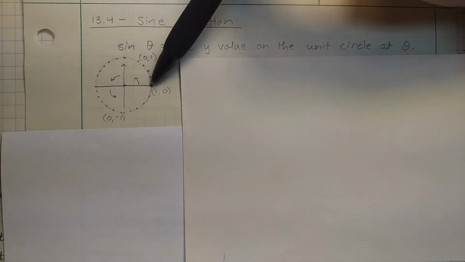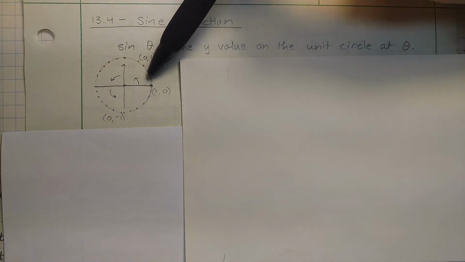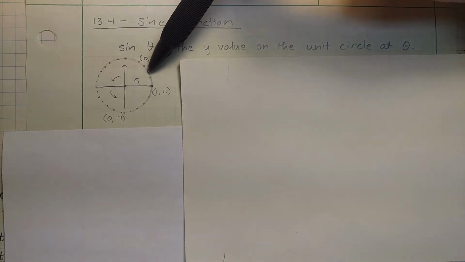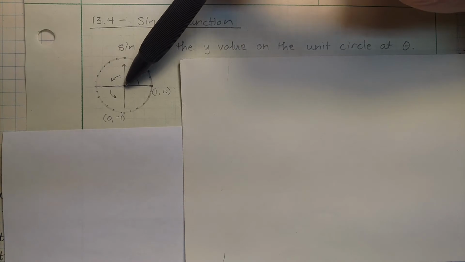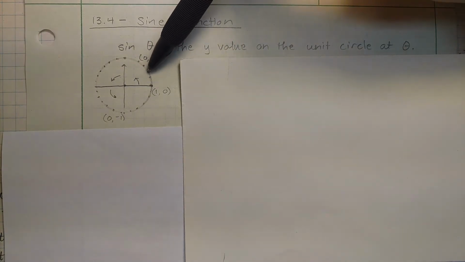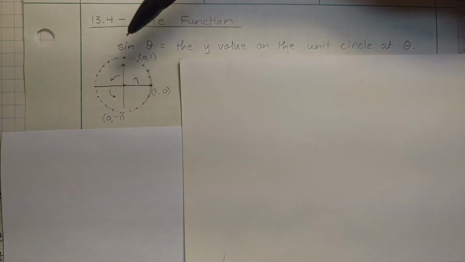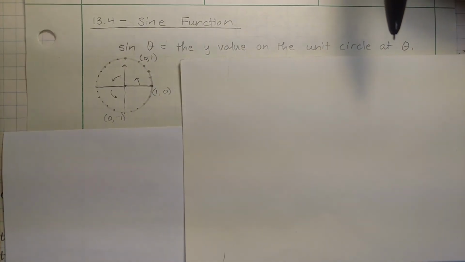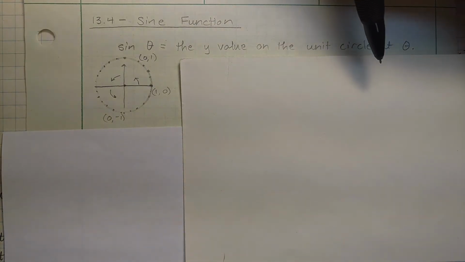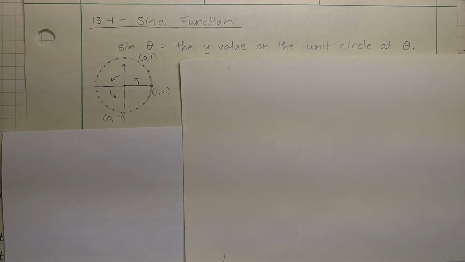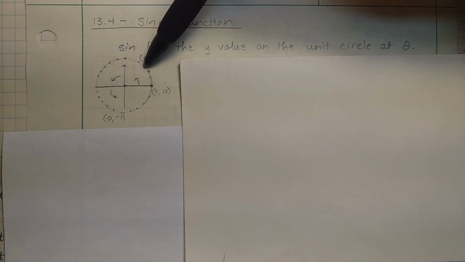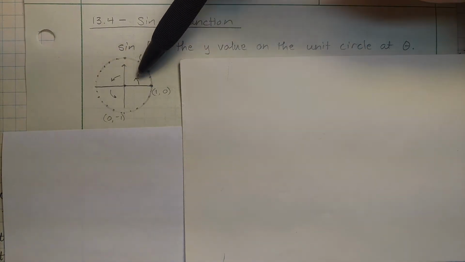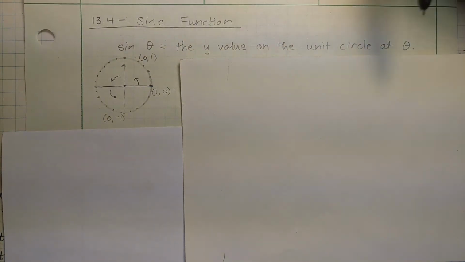What happens is the y value, the distance up, becomes the opposite side over the hypotenuse, but the hypotenuse is always 1. So it's just whatever the opposite side is, that is the sine ratio. And if I make a triangle anywhere, the opposite side just becomes the y value.